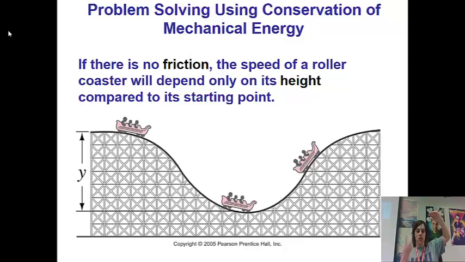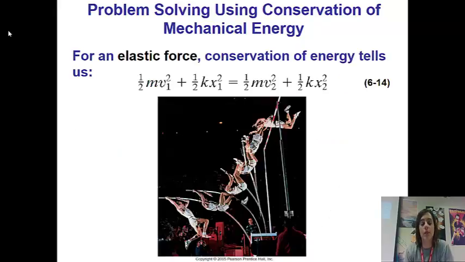Now, if there's no chain anywhere else in the entire path of the roller coaster, that hill has to be the biggest hill, because we do have friction coming into account. So as you go through, you're going to be losing energy. So you will never be able to regain all of the initial potential energy. If there is no friction, then you can regain that initial height, but you'll never be able to go any higher unless there's a second chain to do more work. Okay?